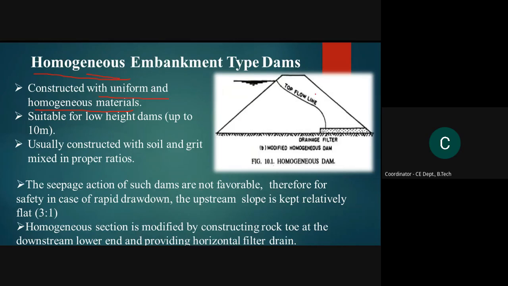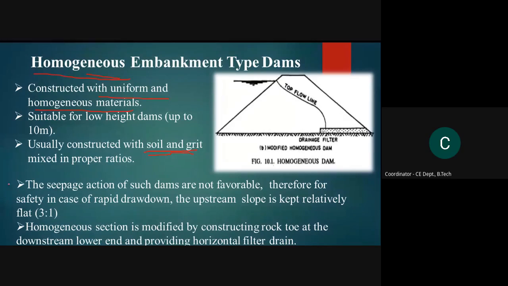Up to this height, we can construct this type of dam. It is usually constructed with soil and grit mixed in a proper ratio. These are the main materials mixed in a proper ratio to construct this dam.